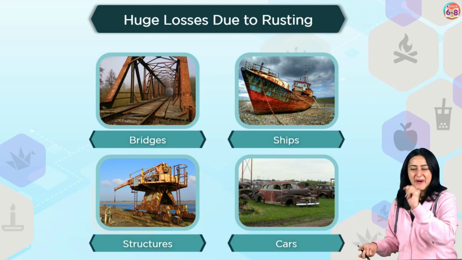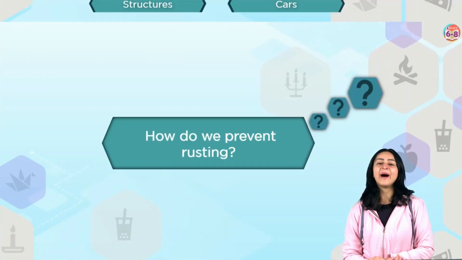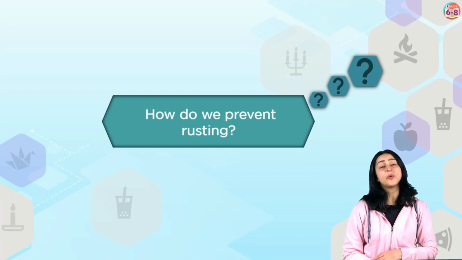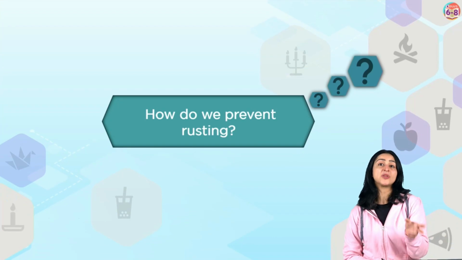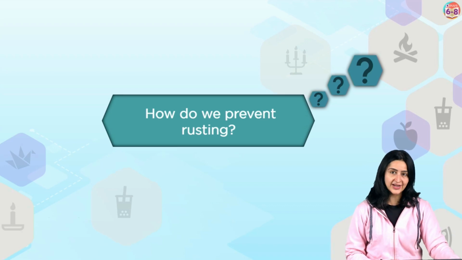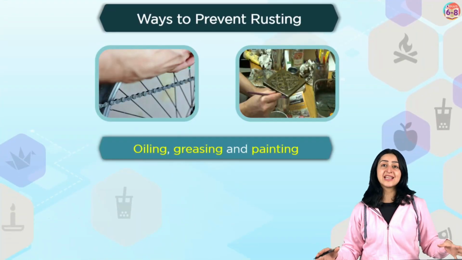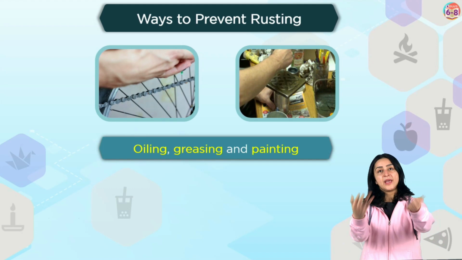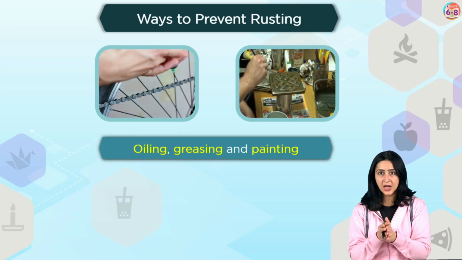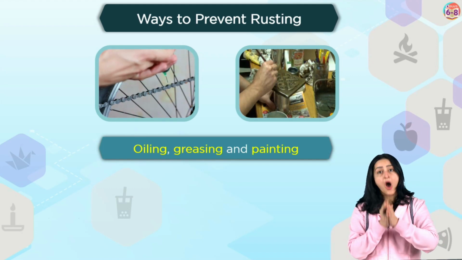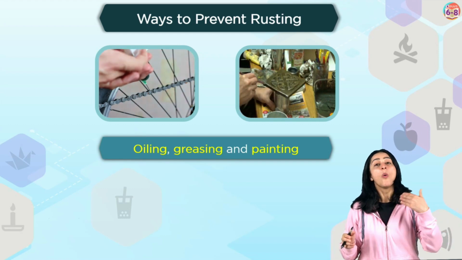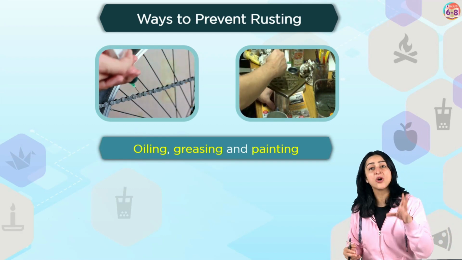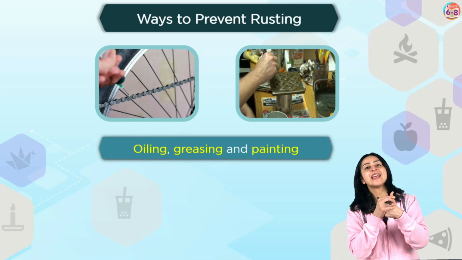Or can you? Well, let's talk about some ways we can prevent rusting. We know that rusting happens, but is there a way to stop or prevent this? Well, yes, there is. Rusting happens because of contact with damp air, which is basically oxygen and water. Rusting cannot happen without oxygen and water, so what can you do? You can stop that oxygen and water from reaching the iron.